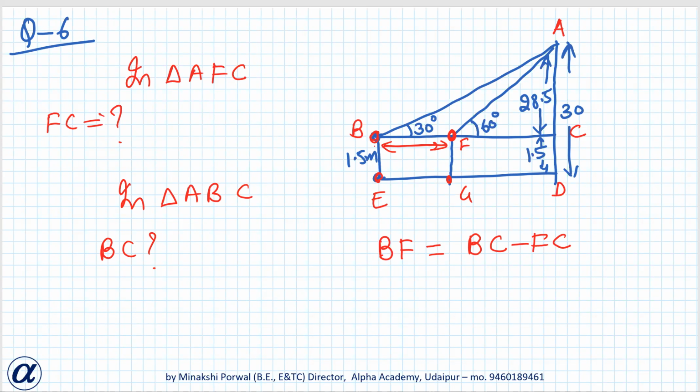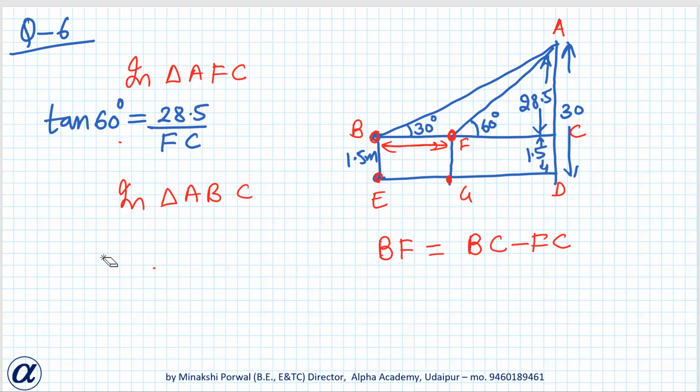Okay. So first of all, what you are going to do in triangle AFC, you are going to find the distance FC. So which trigonometric ratio? हमको AC पता है, हमको एंगल पता है, हमको FC फाइंड करना है. तो tan 60 डिग्री इक्वल्स टू परपेंडिकुलर 28.5. 28.5 क्यों हुआ? क्योंकि 1.5 उसकी हाइट है, इसलिए वो हमने सब्ट्रैक्ट कर दिया. ओके. परपेंडिकुलर अपॉन बेस.